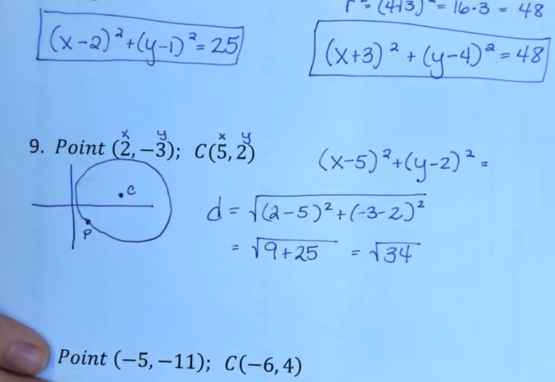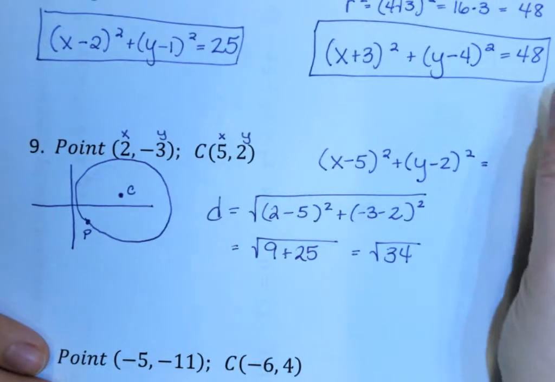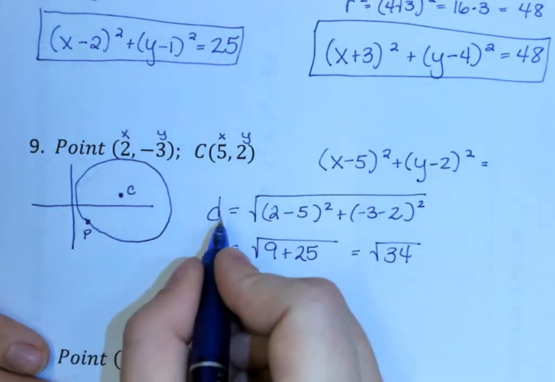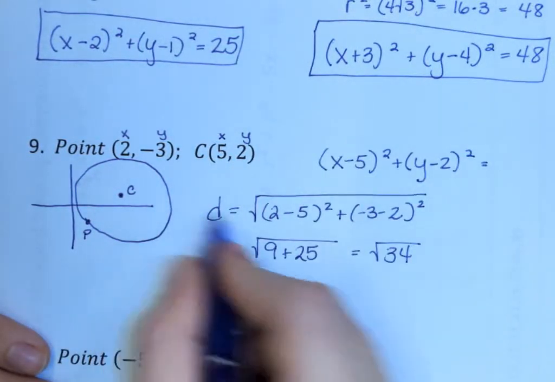Okay, does 34 have a nice square root? No. 34 is what times what? 17 times 2. Both of those are primes, right? So that means I am just going to say this is my distance squared, or this is my distance.